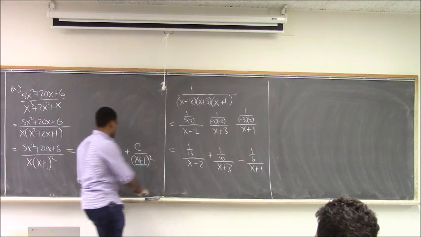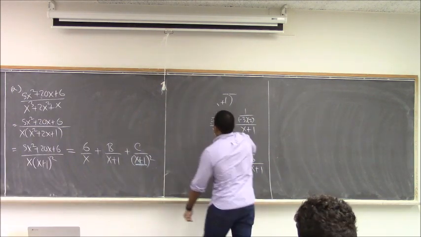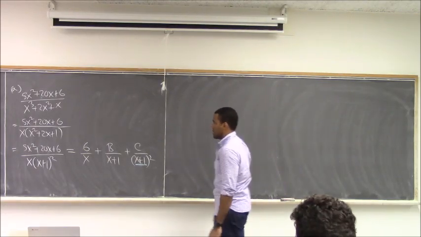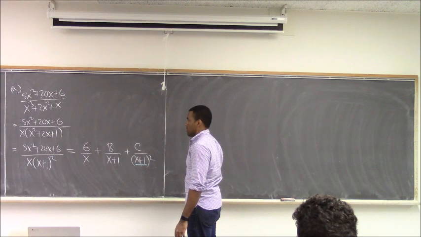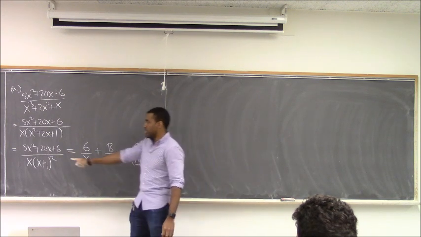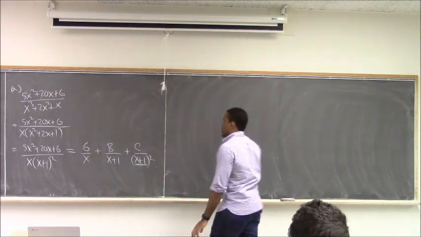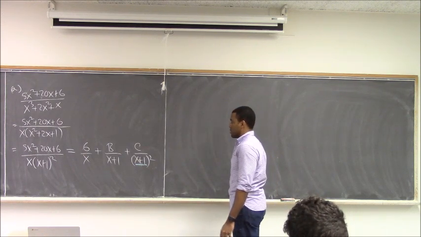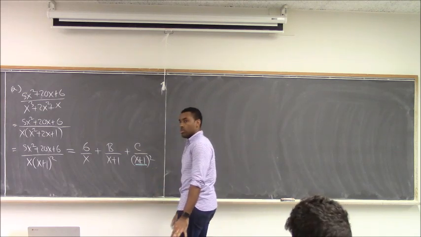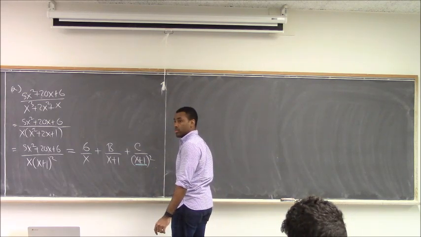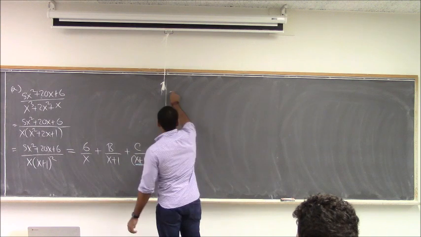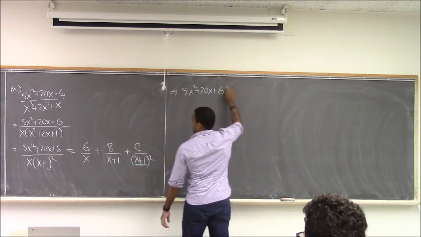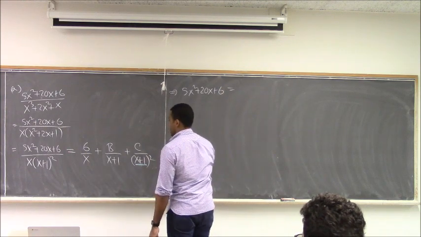Now I only have to focus on the B and the C. How do I find the B and the C? Can't you do it the same way? No, because it's a repeating factor, so it doesn't work. How do I find the other ones? You could multiply both sides by the denominator. So I'm going to multiply both sides by the denominator on the left.